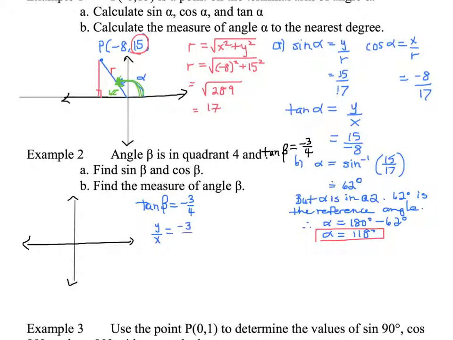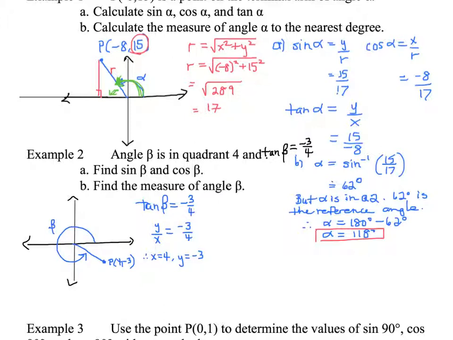So y over x equals -3/4. That tells me the positioning of a point on the terminal arm for angle beta. It tells me that x is 4 and y is -3. So if I plot the point 4, -3, that is a point on the terminal arm for angle beta, which is the angle that I'm looking for.